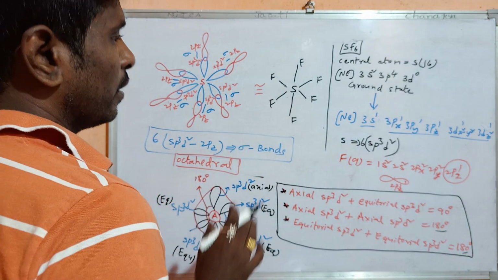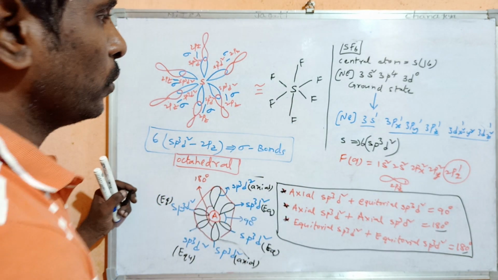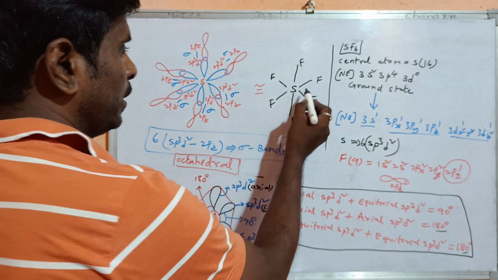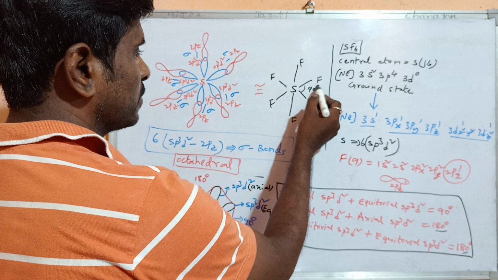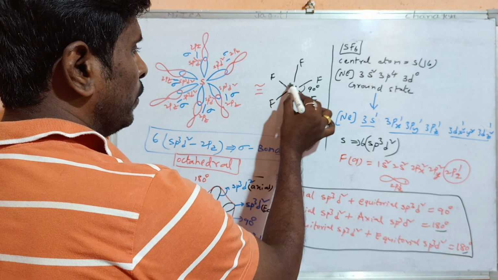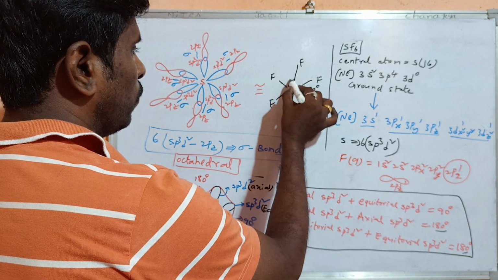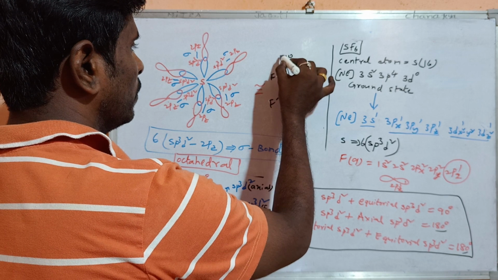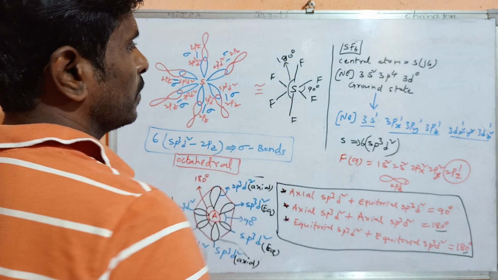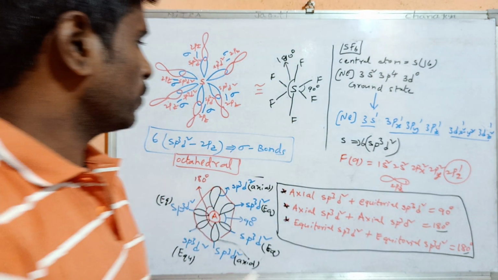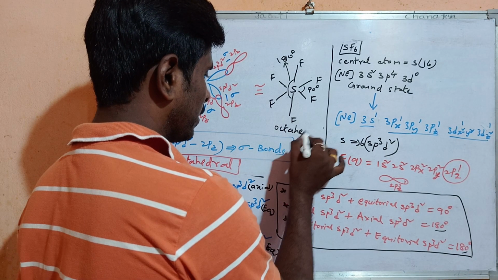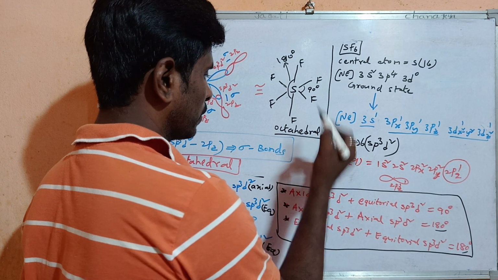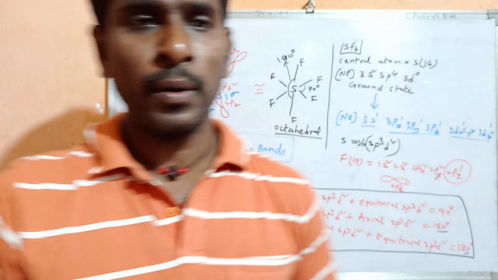Okay, this is an example of sp3d2 hybridization. Here the bond angle is 90 degrees. Now here the bond angle is 180 degrees. Okay, now friends, this shape is octahedral.